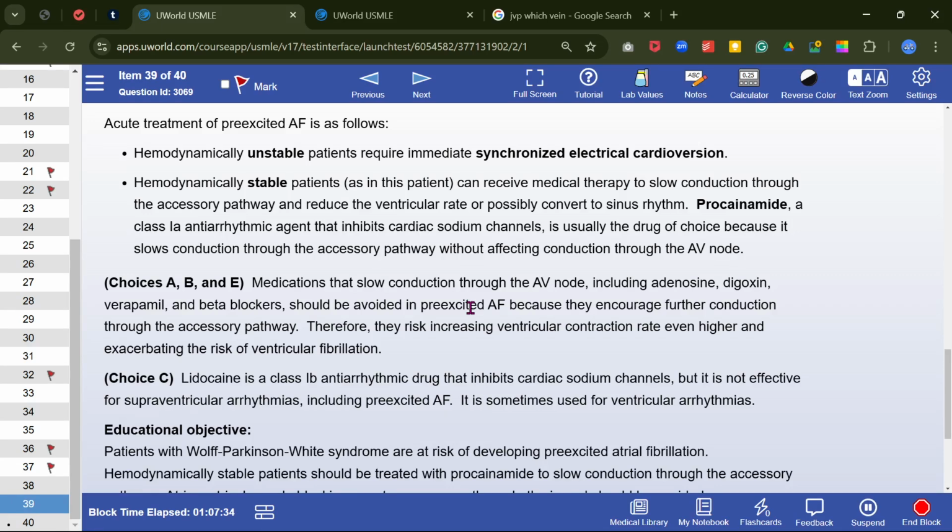Therefore, they risk increasing the ventricular rate even higher and exacerbating the risk of VFib.